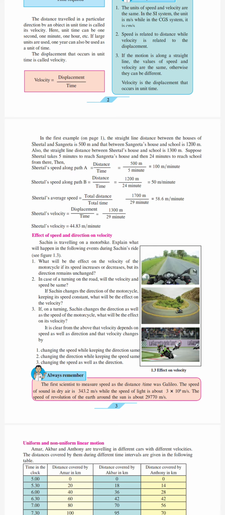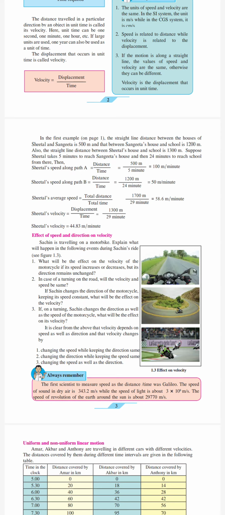But in the case of velocity, it is displacement. Displacement is what? 1300, and the distance was actually 1700, that is 400 meters less, and the time will be the same. Now in this case the time is 29 minutes. So you will observe the velocity is 44.83 meters per minute.